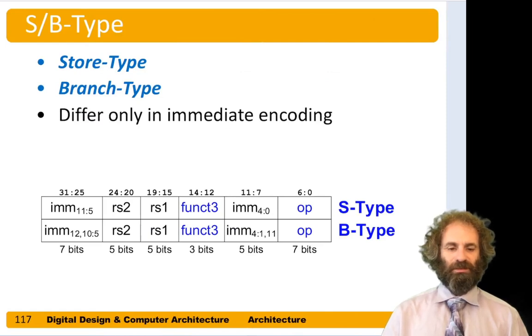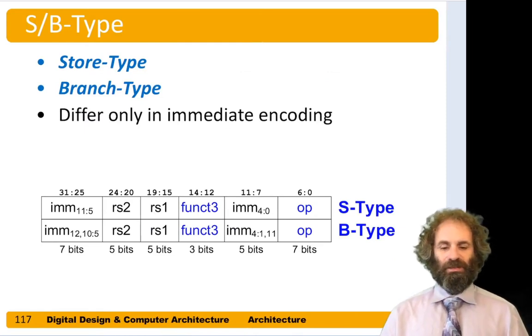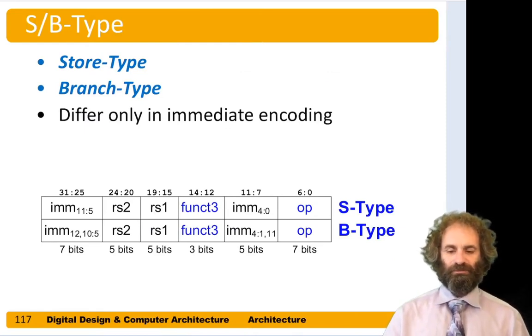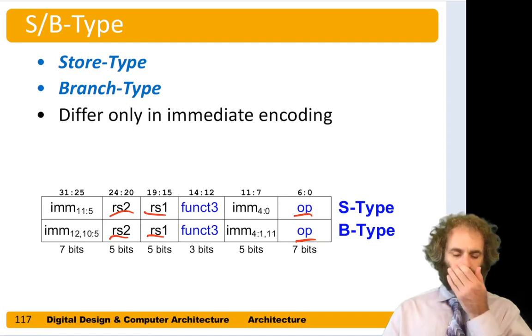S and B type instructions are for stores and branches, and they differ only in the encoding of the immediate. So, like the other instructions we've seen, they have an op field, the bottom 7 bits, and an RS1, 5 bits of source. These take a second source in the same place as the R-type instructions had them.